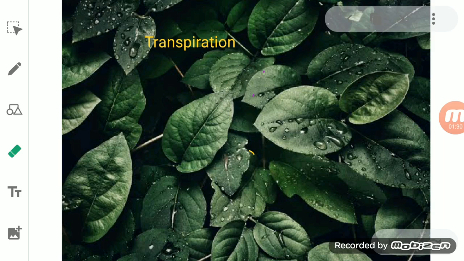So this is the process which is known as transpiration, by which the extra amount of water present in the leaf is evaporated through the pores present on the surface of the leaves. This is the process of transpiration.